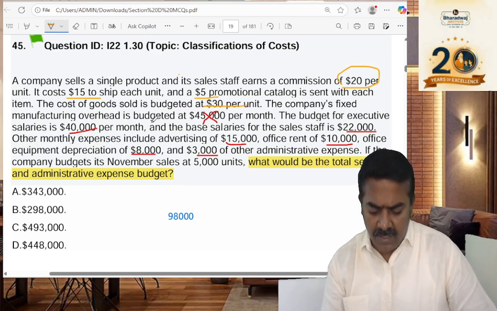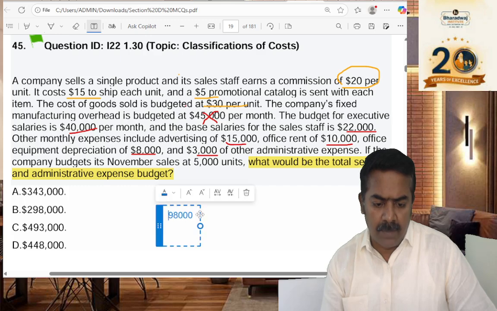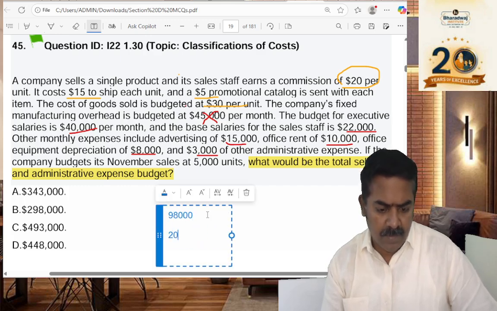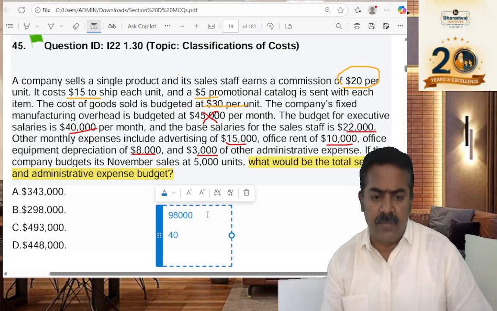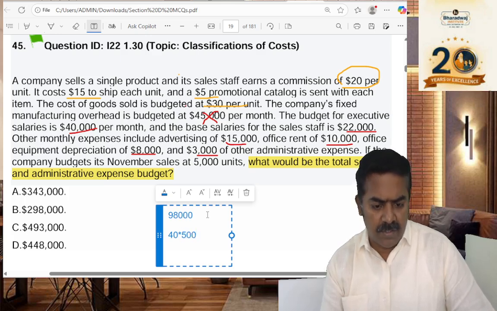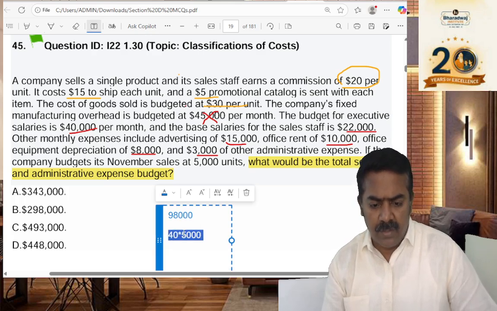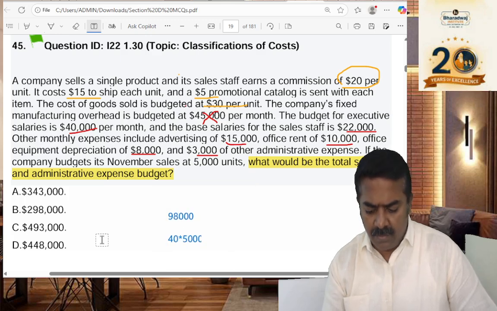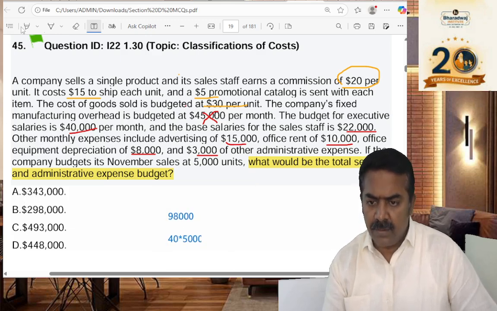So what is the variable cost? 20 plus 15 plus 5, 40 into how many units? 5,000 units. So what is variable? 40 into 5,000, 2 lakhs plus 98,000. What is that? 2 lakh 98.